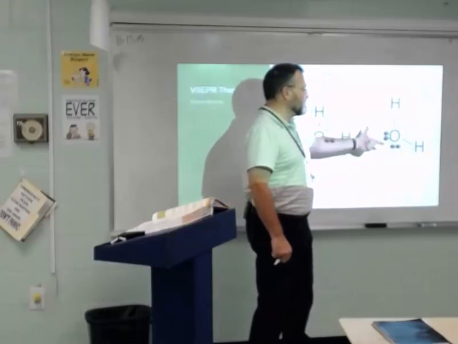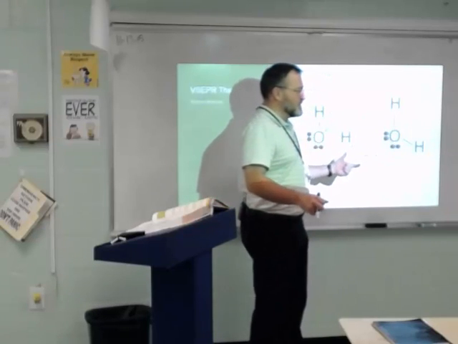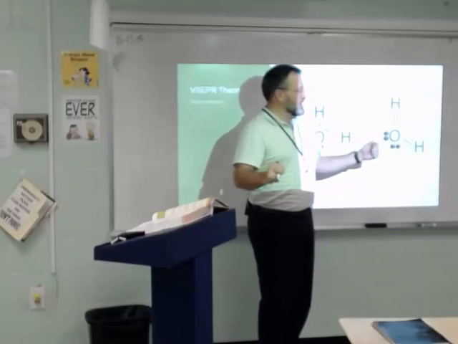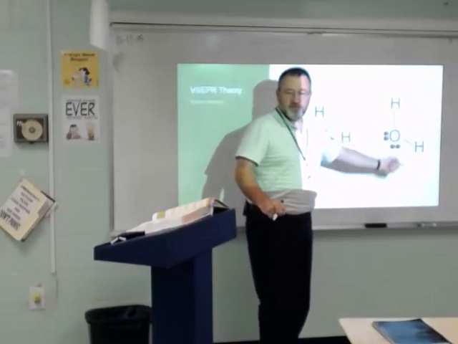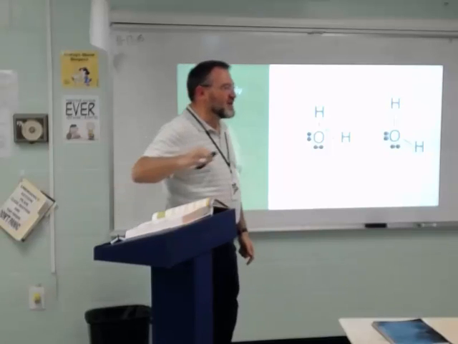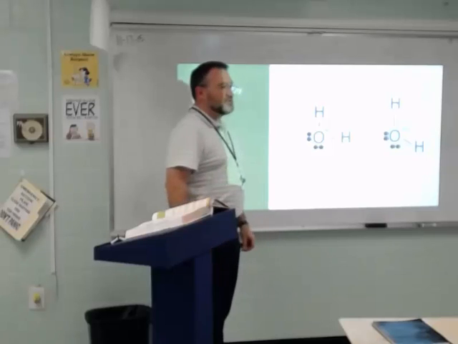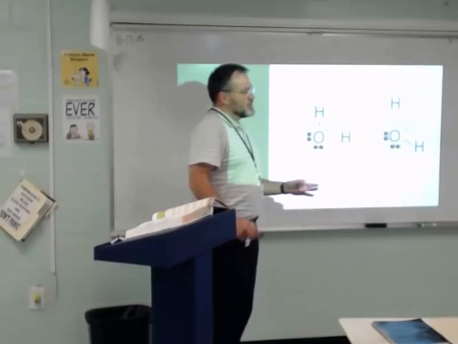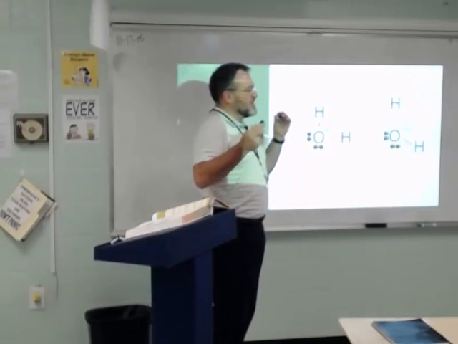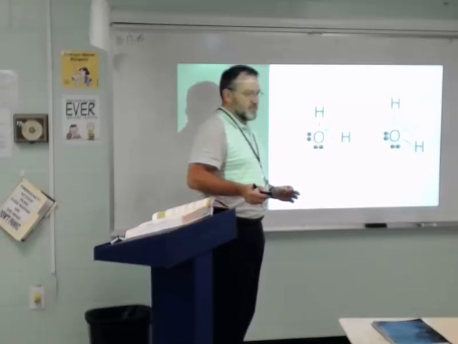In this case, we've got 2 unbonded pairs, and those 2 unbonded pairs are both pushing harder than those 2 bonded pairs, meaning it's going to squeeze together even more, resulting in a bond angle of 105 degrees. So again, we're going to learn it as 109, 107, 105. Those are the 3 different angles.